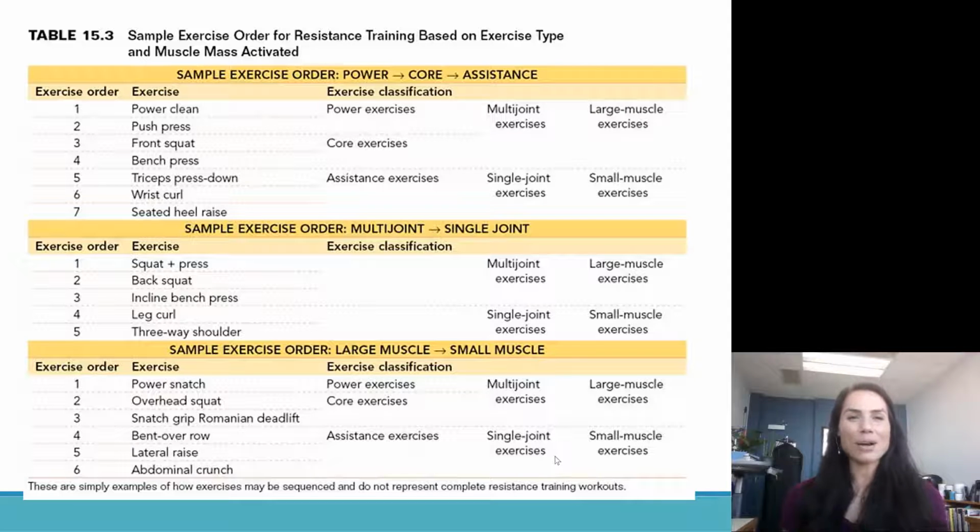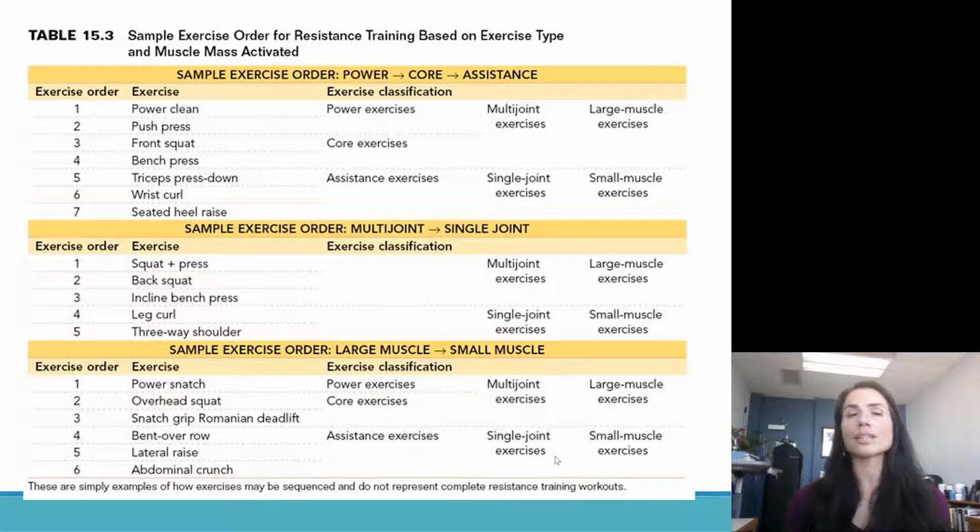So I realize that what I'm about to show you right now is a lot to take in. This actually comes from your NSCA book, so I wanted to highlight it. These are just some examples of how to program resistance training. There are 3 different types on here, right? That very first one, you can see the label at the top, is for a type of exercise prescription that's going to start with power-based exercises. It's going to go to core exercises.